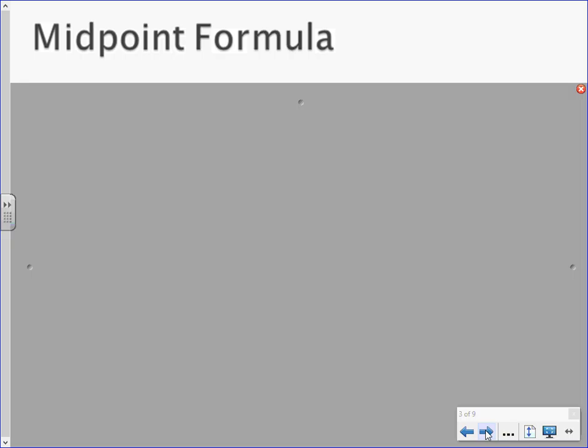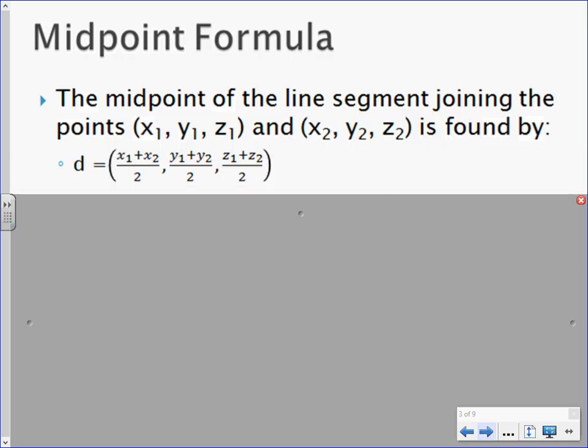Averaging. Okay, so if we're now in 3 space, is it going to be any different? Probably not. It's not. We are still averaging the x coordinates, averaging the y coordinates, averaging the z coordinates for our midpoint.